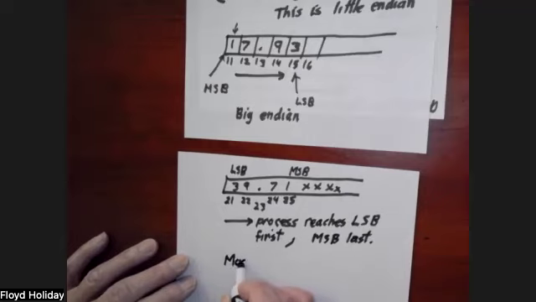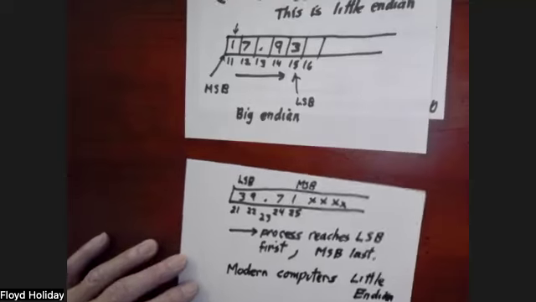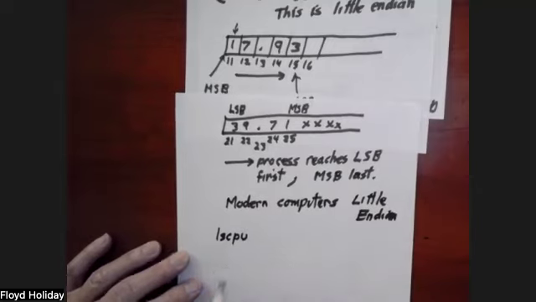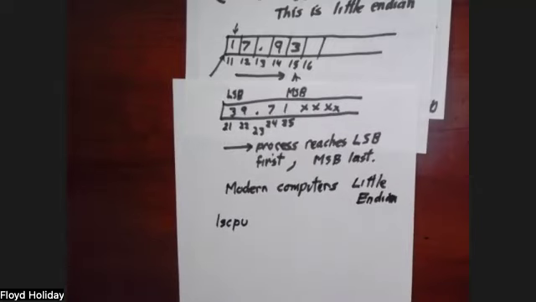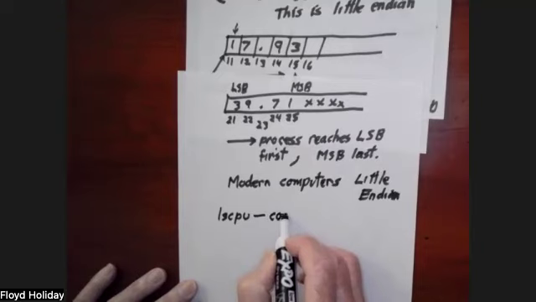All modern computers are Little Indian. And you can check your own. Put in the command lscpu and scroll down a little ways, and it'll say this machine is a Little Indian processor. You can confirm it yourself.